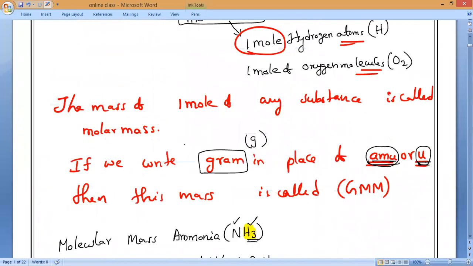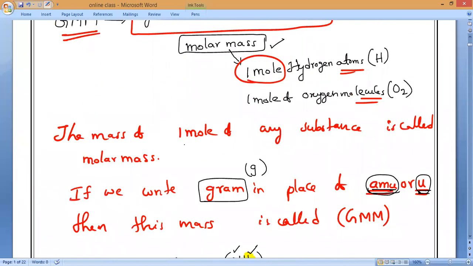Now, what is the molar mass definition? Read here. Everyone should read. Yes, Hari, what is happening? What is the molar mass definition? Everyone, read it.